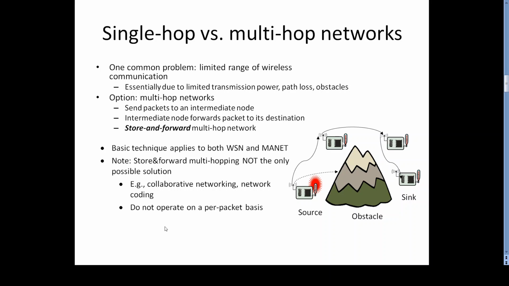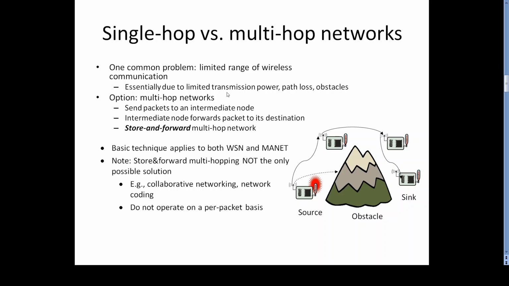Coming to single hop networks and multi-hop networks. If we establish a single hop network, there is one common problem: the limited range of wireless communication. This is especially due to limited transmission power, path loss and obstacles.